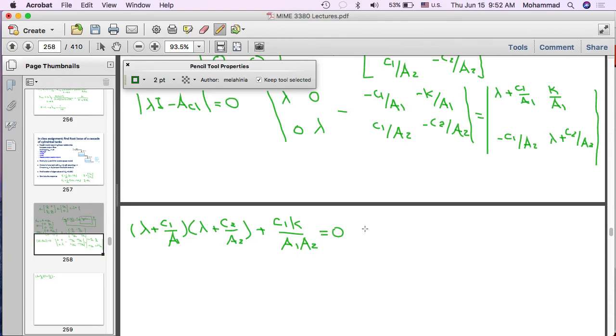Let's call this equation 2, a polynomial from which you can find eigenvalues of a closed loop.